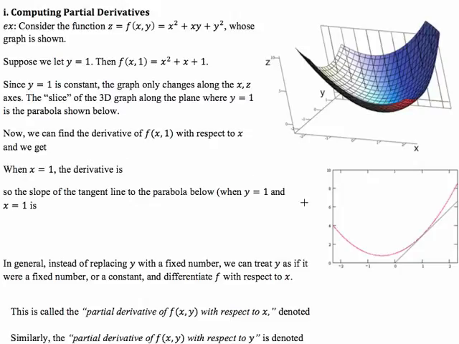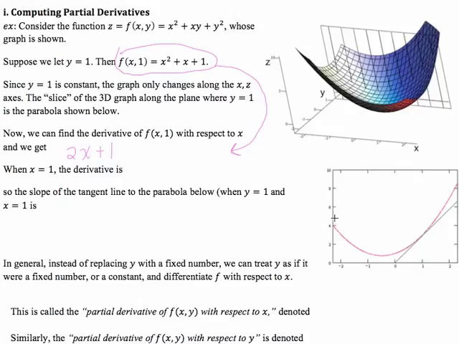Now that we have just a simple curve, we can talk about derivatives. We can find the derivative of f of x comma 1, that's the derivative of this red parabola, with respect to x. So here is the function f of x comma 1. We're going to differentiate that right here. Its derivative would be 2x plus 1.